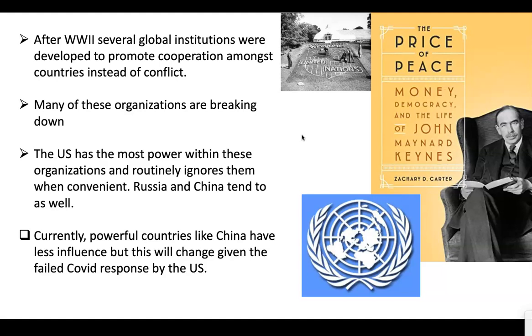So the big stimulus that the Biden administration is passing for the COVID relief plan, we would call a Keynesian policy. It's the sort of thing that he would have advocated.